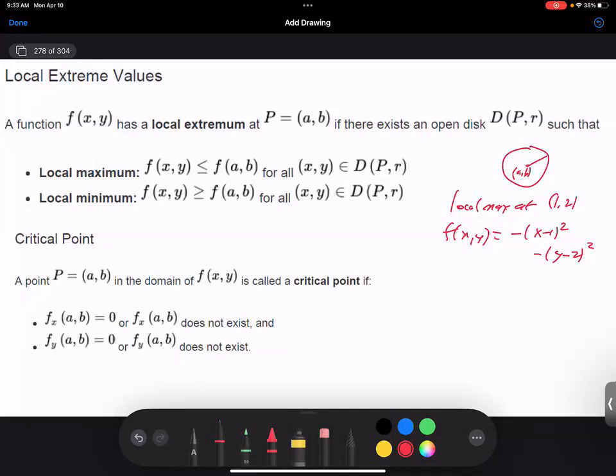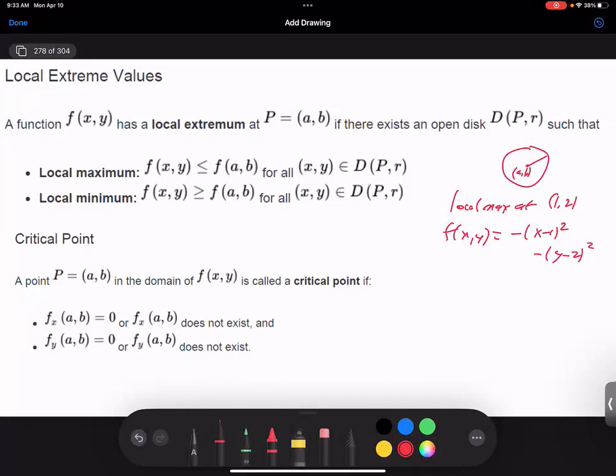So we say a point is a critical point if the partial derivatives vanish at that point. They also talk about the partial derivatives not existing. For the most part, we will deal with cases where the partial derivatives exist.